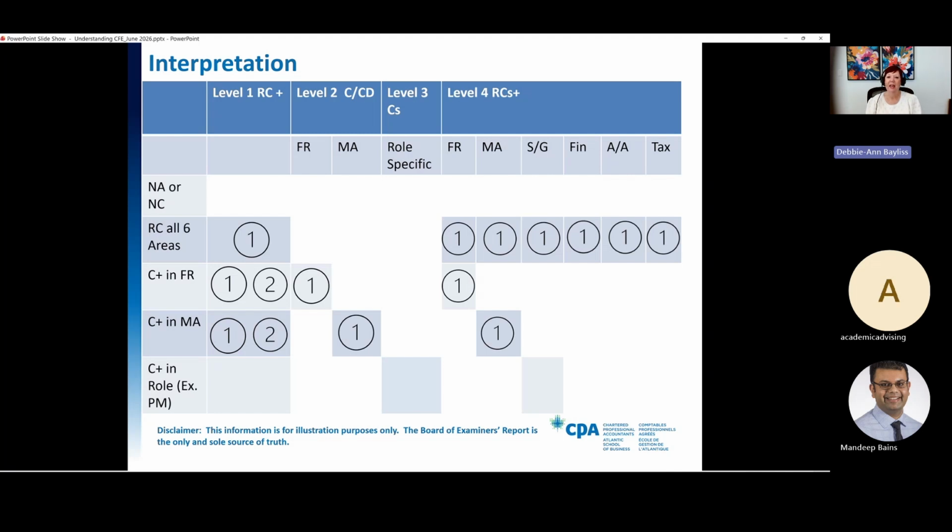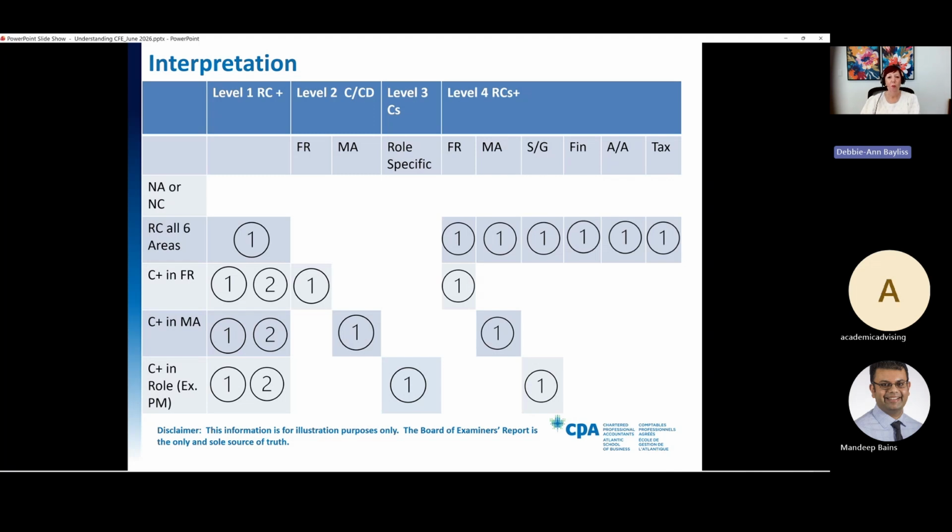Now let's look at the impact of achieving a competent when it comes to your role-specific assessment opportunities. Let's say you're going to specialize in performance management. You would be awarded 2 points for a competent response for that assessment opportunity, plus that would count towards your level 3, and it's going to count towards level 4 under strategy and governance.